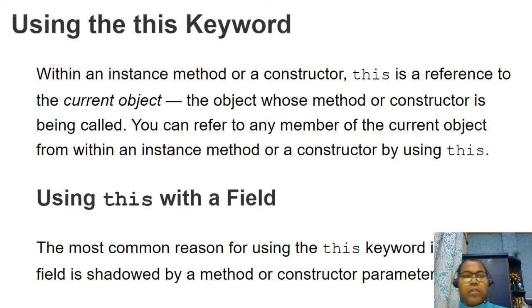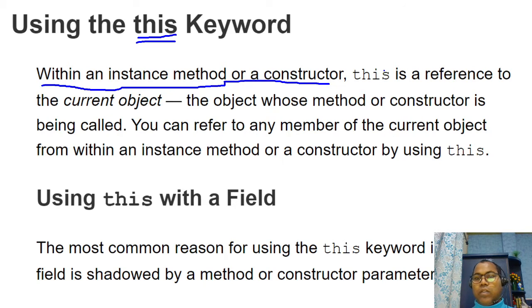Next we discuss the this keyword, which is generally used in our programming language as well. Within an instance method or constructor, this is a reference to the current object.